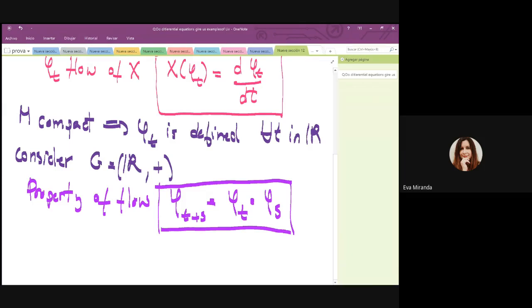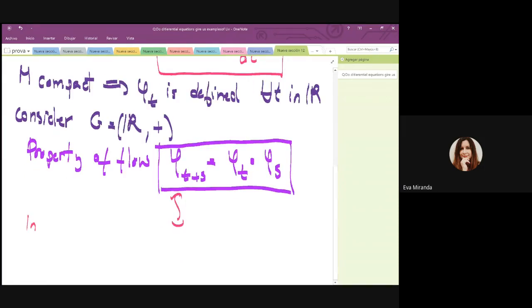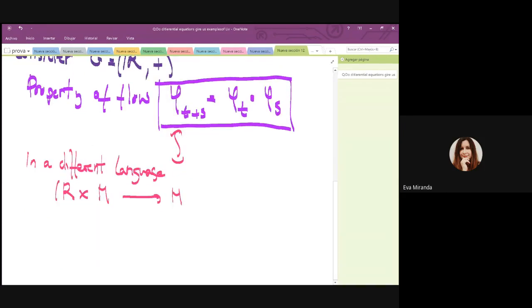In a different language, consider now as group the real numbers. Consider as manifold the manifold where this flow is defined, and now consider the following action.